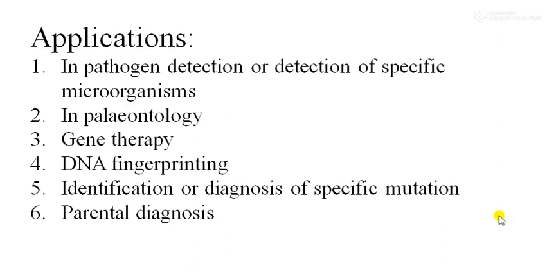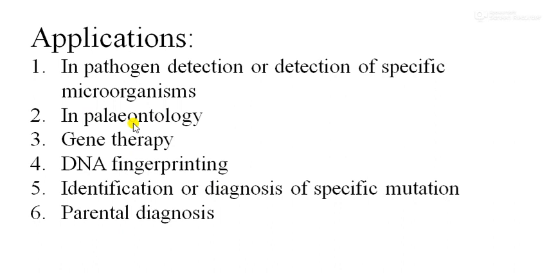And the last in the list is applications. What are the applications of PCR? First, pathogen detection, or detection of specific microorganisms. By this PCR technique, we can detect specific microorganisms which can cause disease.